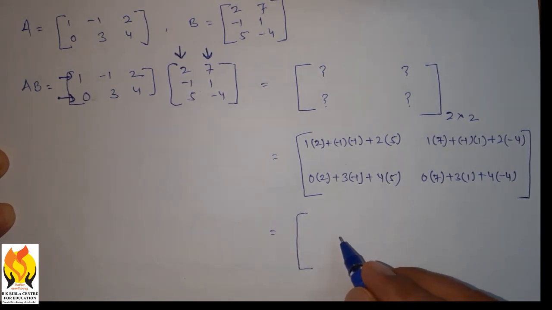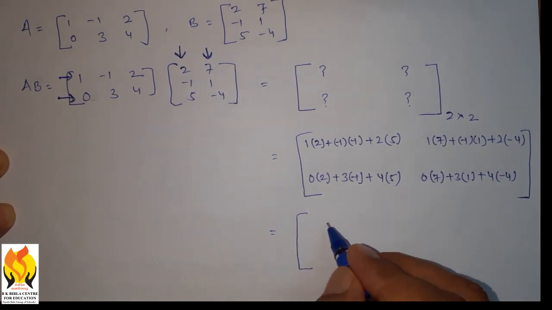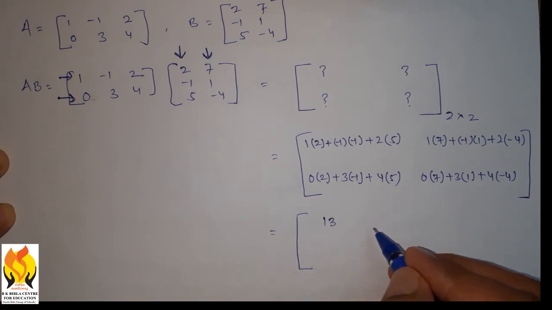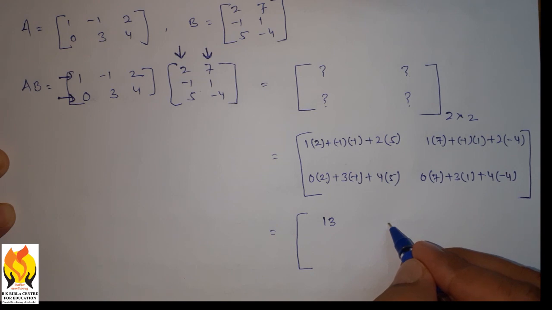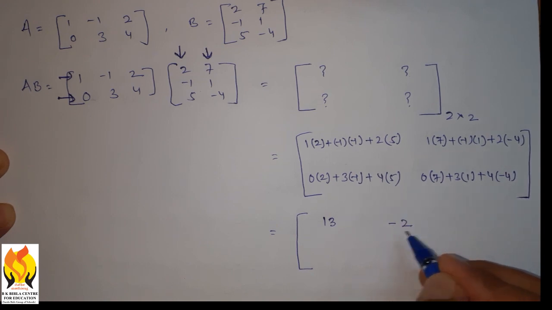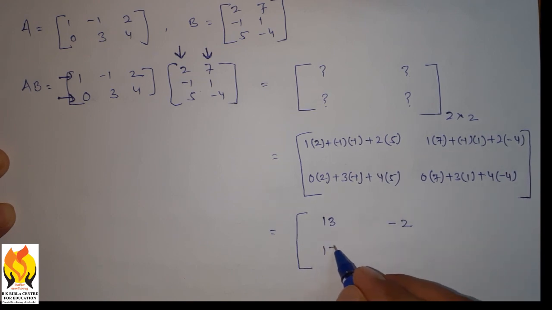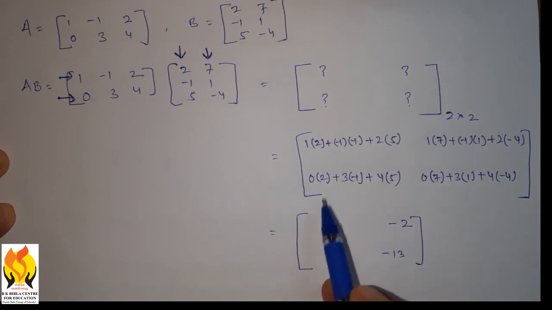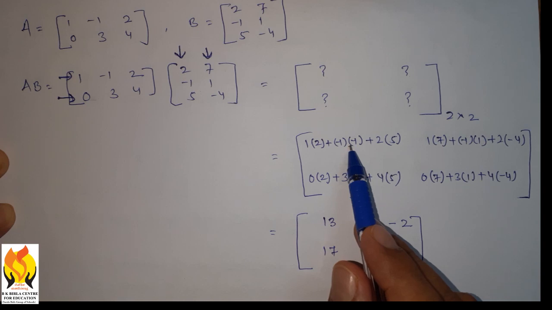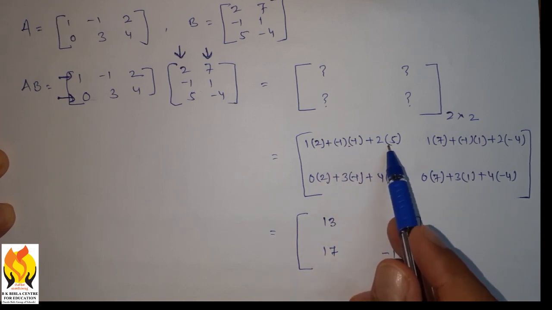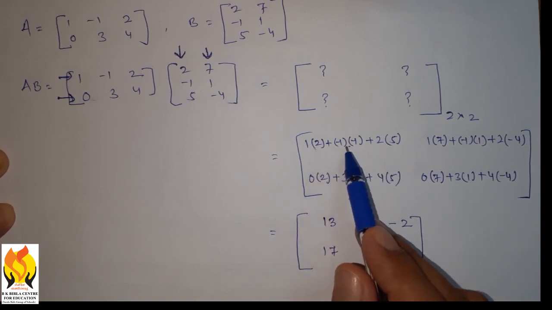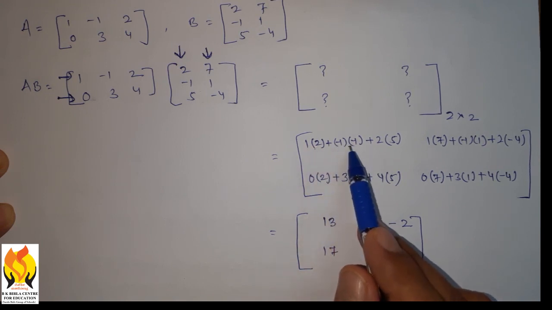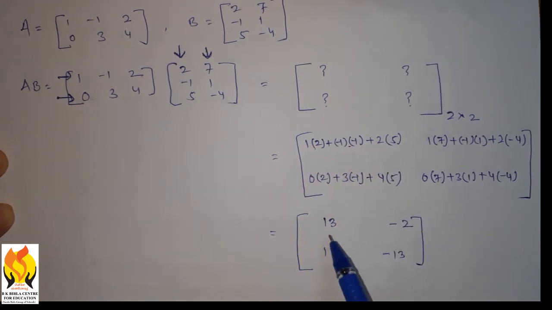When we simplify, we'll have the values over here: 13, minus 2, 17 and minus 13. We can check it out. 2 plus 2 is 4, 4 plus 2 plus 1, sorry, 2 ones are 2 plus 1, 3, 3 plus 10 is 13.